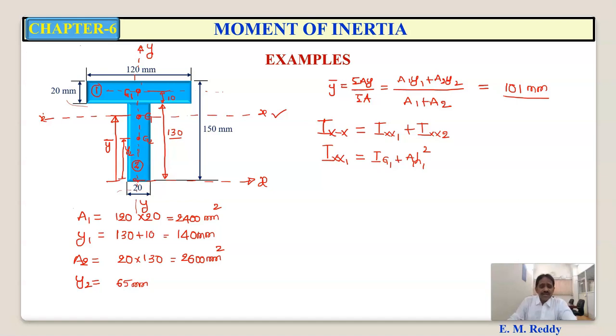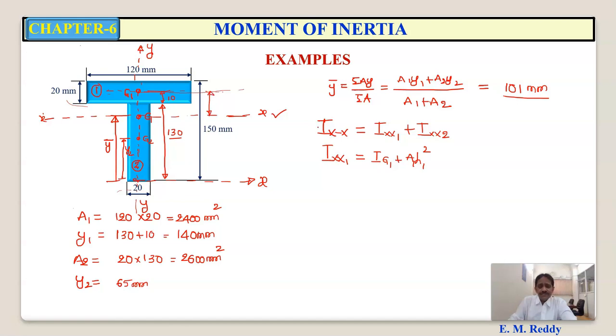We are finding moment of inertia about the centroidal x-axis of the entire figure. Whereas for rectangle 1, G1 is the centroid. So the axis passing through the centroid is its centroidal axis. So using parallel axis theorem, moment of inertia about any axis which is parallel to the centroidal axis is given by, so moment of inertia about centroidal axis plus a h square.